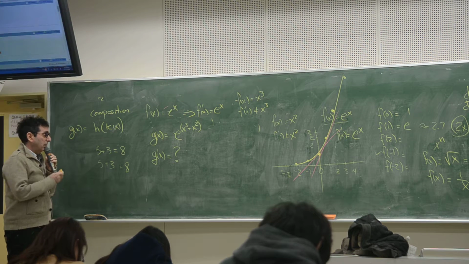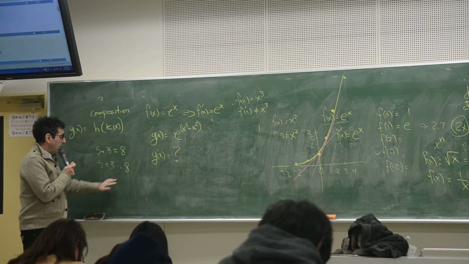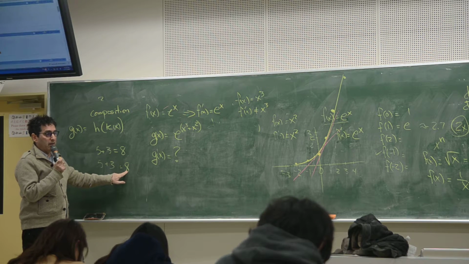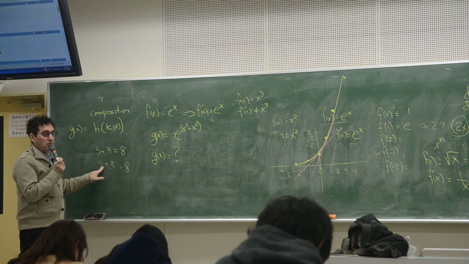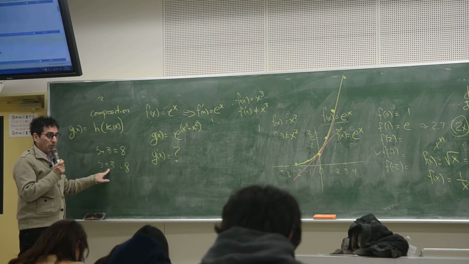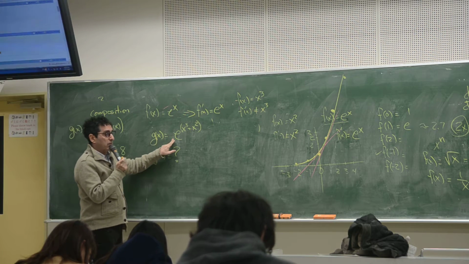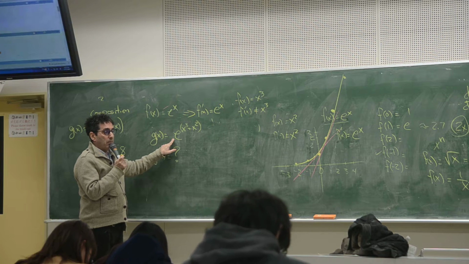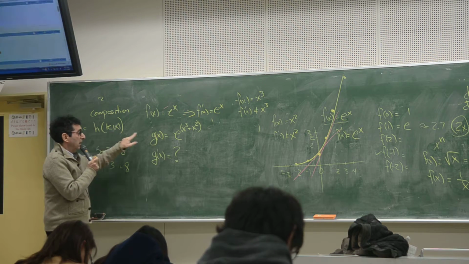And I'm asking you to do something like that here. In other words, starting with something more complicated, can you break it up into two smaller pieces? Here I'm asking you to break it up into two pieces where you're adding those two pieces. But here I'm starting with this function and asking you to break it up into two simpler functions that make their composition to get this function.